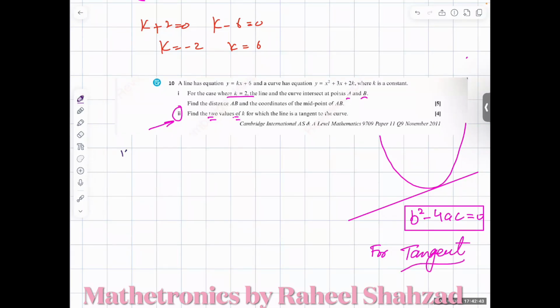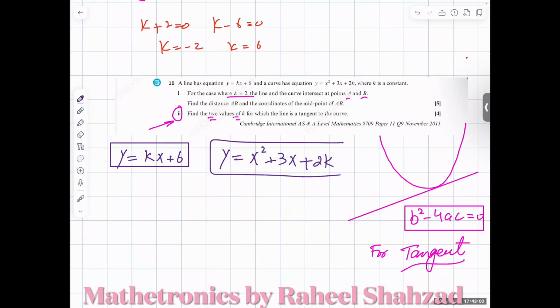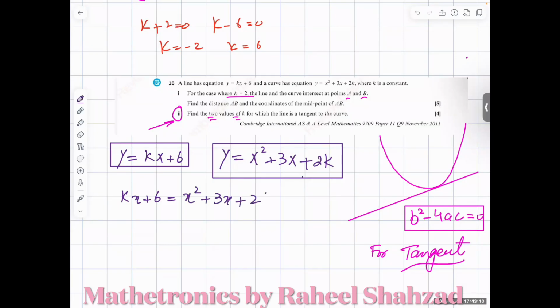Yes. So y is equal to kx plus 6, and y is equal to x square plus 3x plus 2k. First of all, we are going to substitute it. kx plus 6 is equal to x square plus 3x plus 2k.